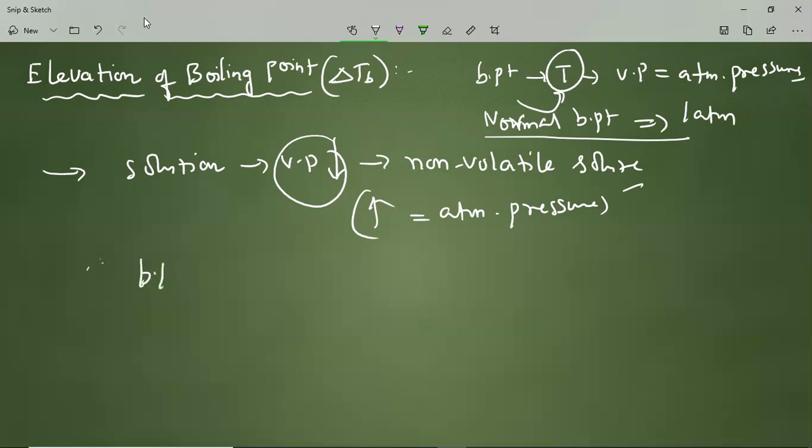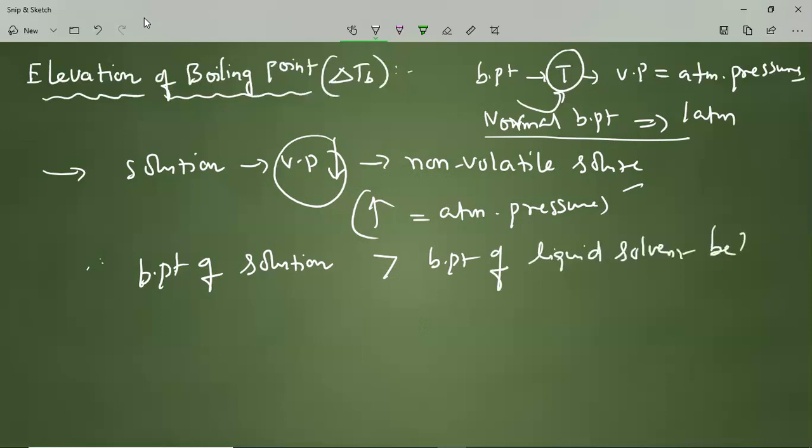Therefore, the boiling point of the solution is obviously greater than the boiling point of the liquid solvent before adding the solute.